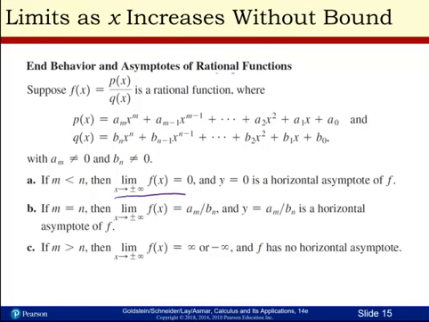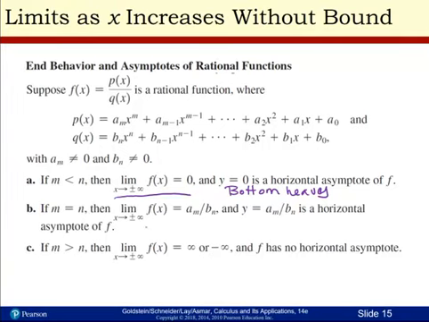I call these bottom-heavy functions because the degree in the bottom is heavier than the degree in the numerator. For bottom-heavy functions, the limits go to 0.